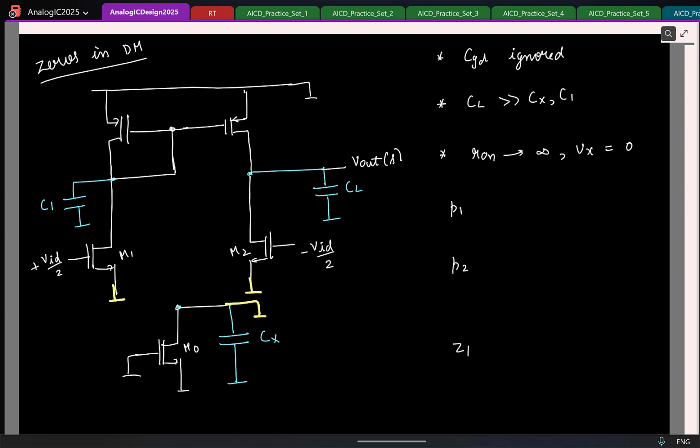And the low frequency pole is contributed by the capacitor CL, and the location of this is, we computed the output conductance by CL. For this you assume C1 to be 0.